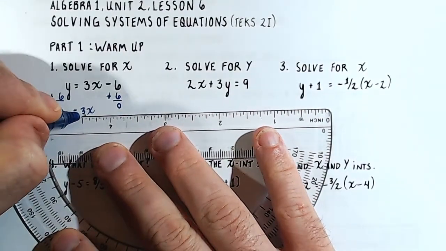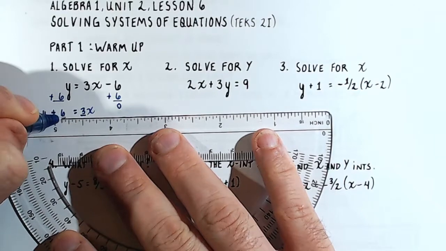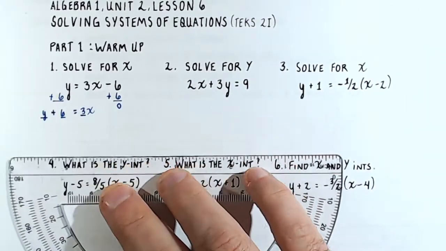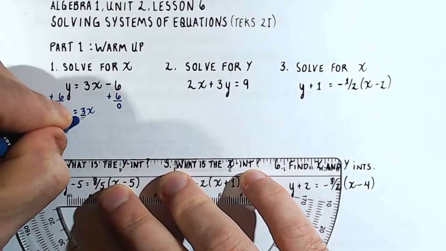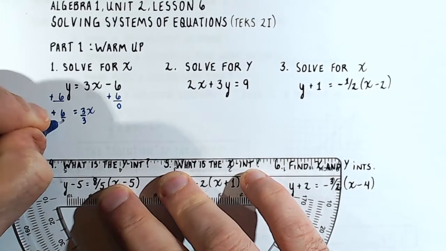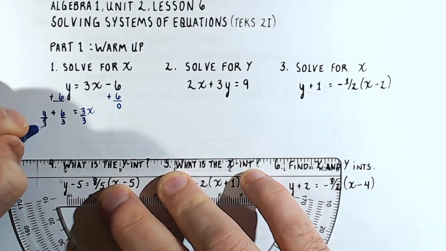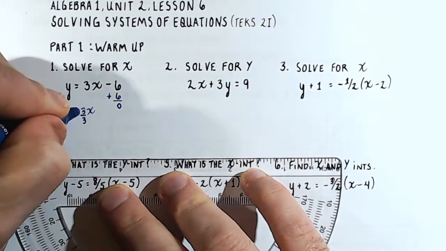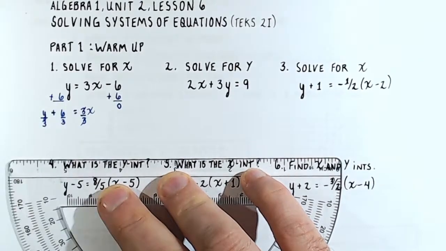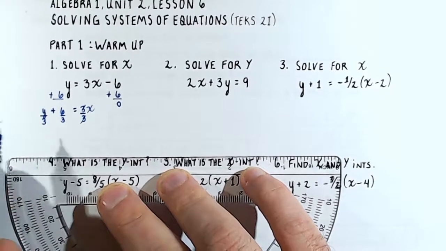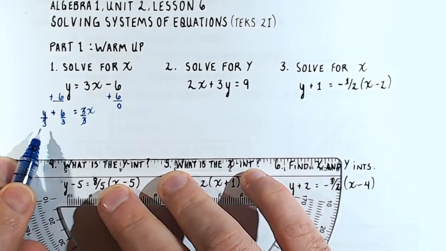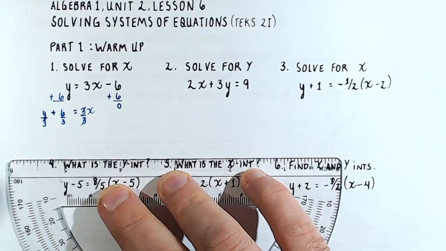So if I go through here and divide each of my terms by 3, I'll accomplish my goal of getting rid of the 3's. I can cancel them on the right side of the equation. But now I've got this y over 3. What is that?